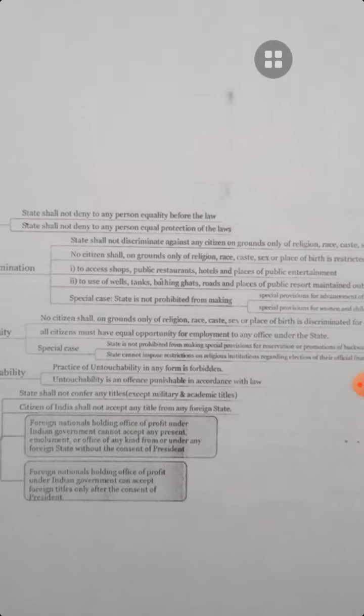Article 14: the state shall not deny to any person equality before law. So the state shall not deny the equal protection of the law. The state shall not discriminate against a citizen on grounds of religion, race, caste, sex and birth. No citizen shall, on grounds of religion, race, sex, caste, be restricted in access to shops, public restaurants, hotels, wells, tanks, public bathing ghats and public resorts maintained from state funds. So this is a special case.